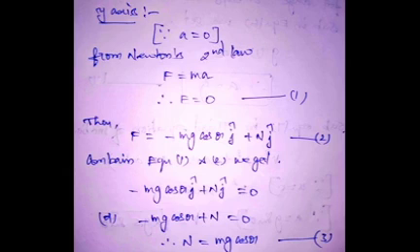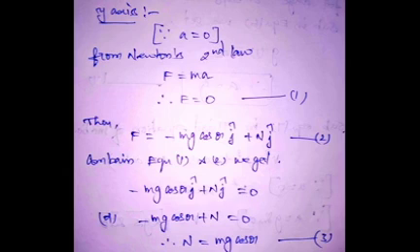Then using the component diagram, we find the other force. F is equal to minus mg cos theta j cap plus N j cap. The mg cos theta and the normal force are always perpendicular to the object, that is in the y direction. So equating these two, equations 1 and 2, we get minus mg cos theta j cap plus N j cap equal to 0.